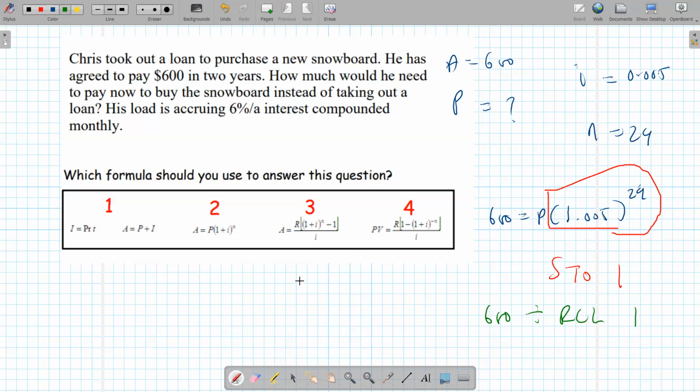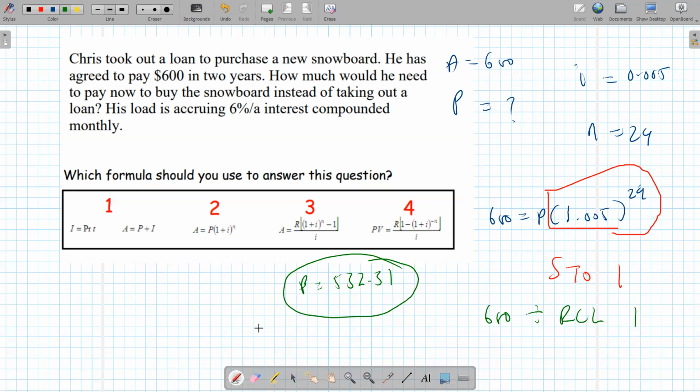532.31. Yeah, that's right. And this is the amount to date. This is what the snowboard is worth today. How much did he end up paying in interest? Do you just subtract that from 600?